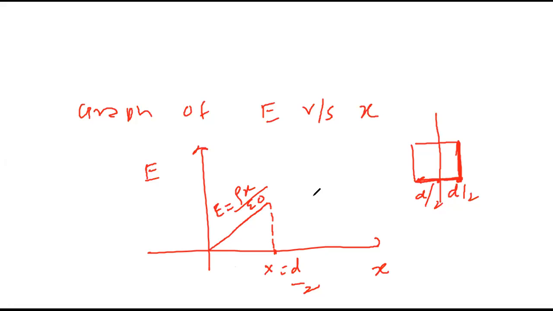And outside, if the point is outside, what is the E formula? Rho d upon 2 epsilon naught. Correct? Constant, very good, parallel to the x-axis. It is rho d upon 2 epsilon naught. Copy properly.